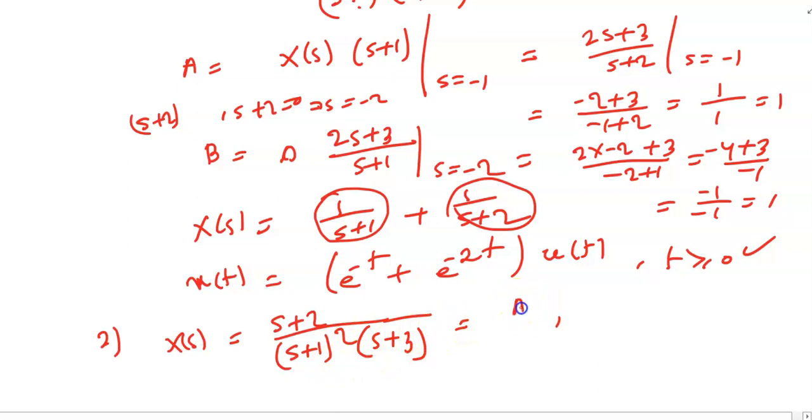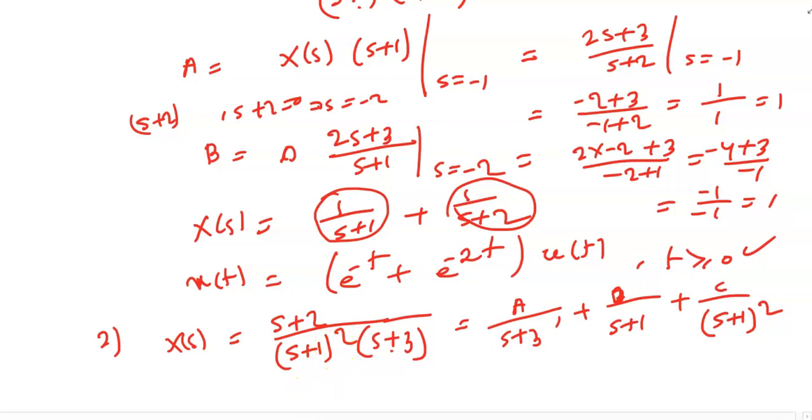So you need to write like this: a upon s plus 3, a single non-repeated term, then plus b, all constants, b upon s plus 1, plus c upon s plus 1 square. For example, if it is s plus 1 cube, then you can extend another term also.